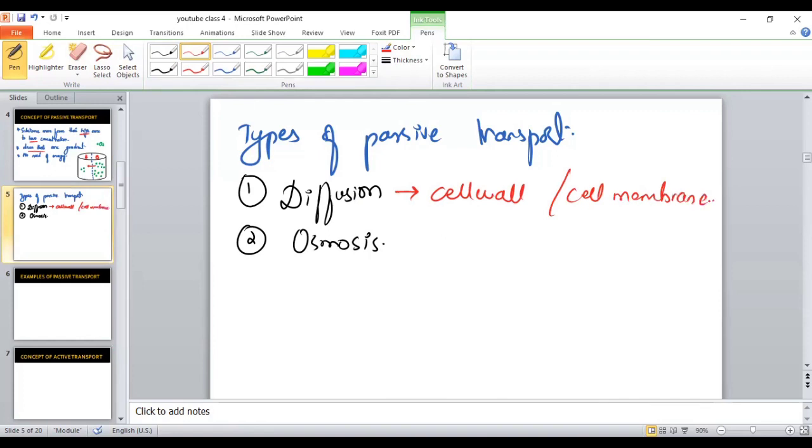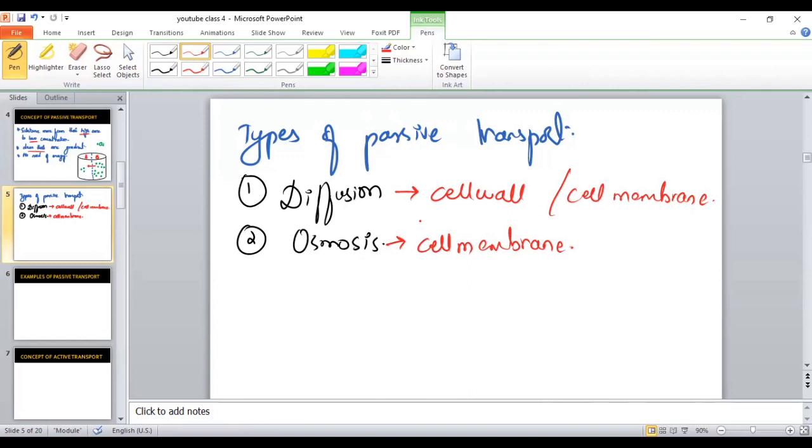Why? Because it is just the random movement of substances. But when we talk about osmosis, there is a little bit of difference. For osmosis, we need the cell membrane all the time. Although this is a type of passive transport and energy is not required, again, we need the cell membrane. Further on, I will discuss why we need the cell membrane for osmosis.